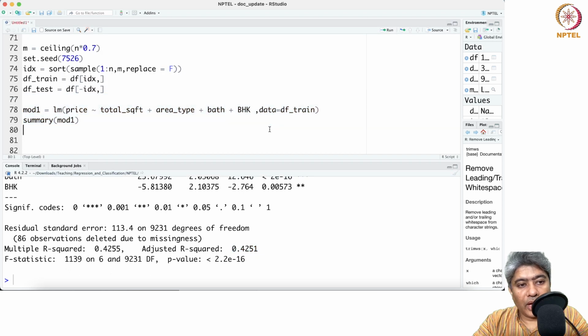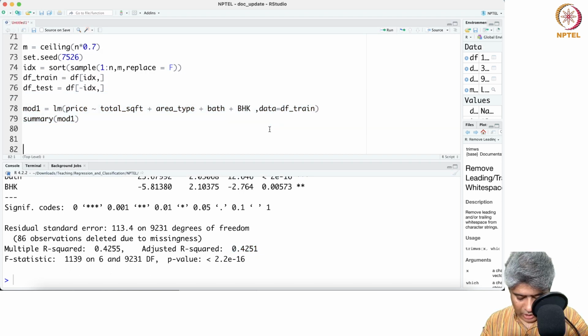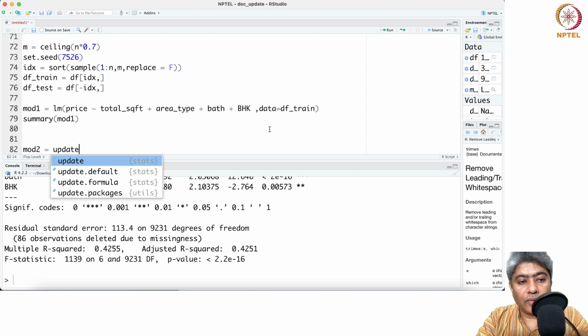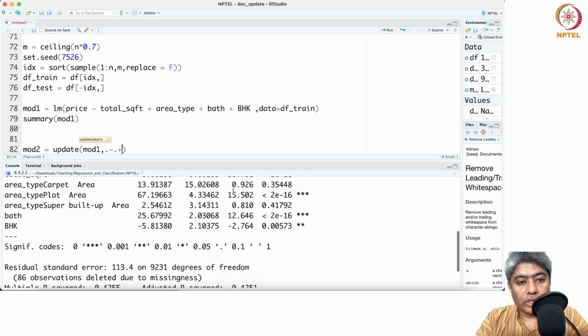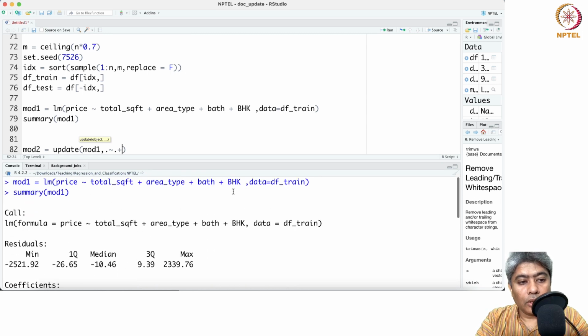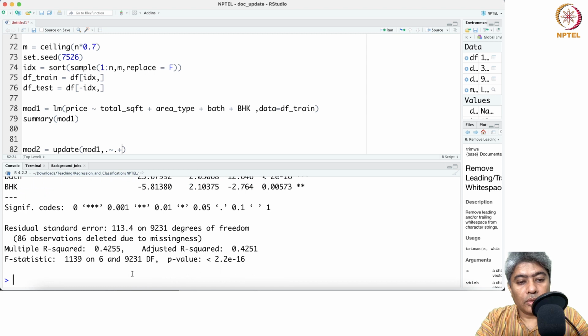So now if we want to add location, mod2 equal to update model 1. How you do that: dot comma dot plus, you just put location.